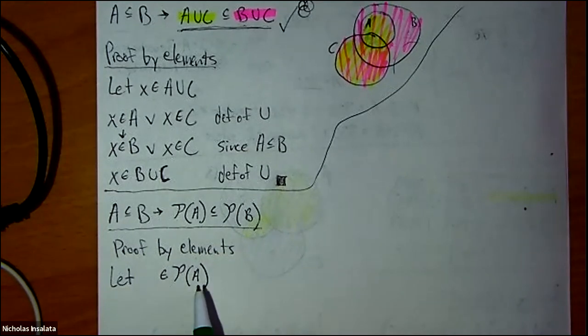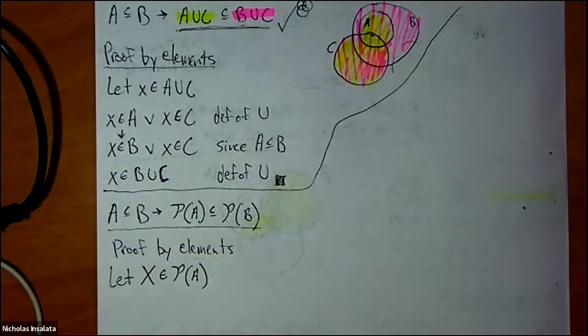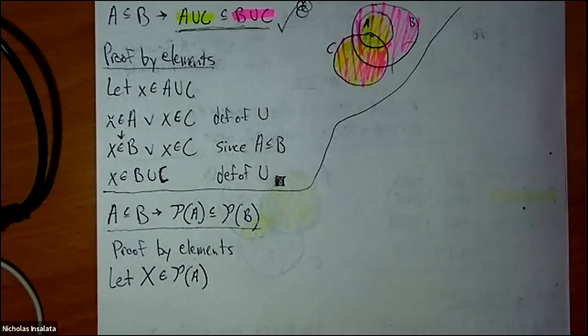It's a set of subsets, but it's still a set of sets. So if it's a set of sets, then what's inside of it? Well, sets. So let me use an uppercase X to indicate that there's a set inside of this power set. Okay. So what does that mean? So let's unpack this now, right? So we have this set that's inside of the power set. What do we know about it then?